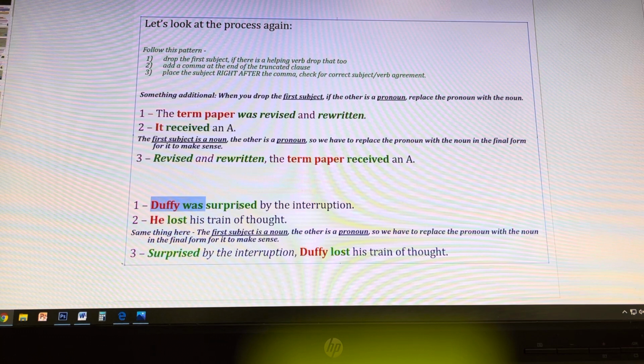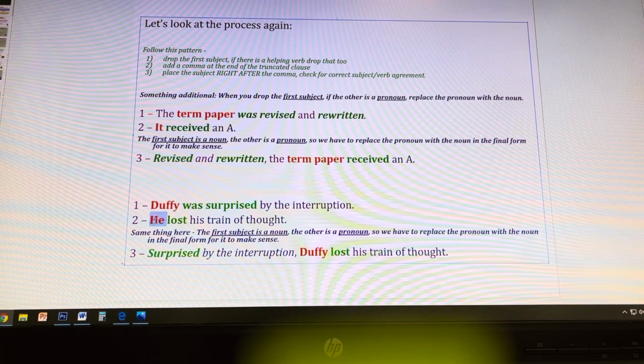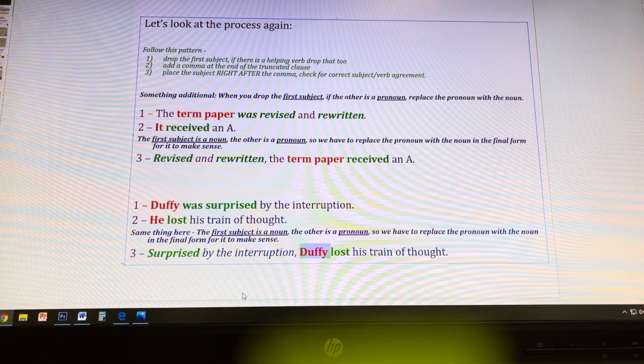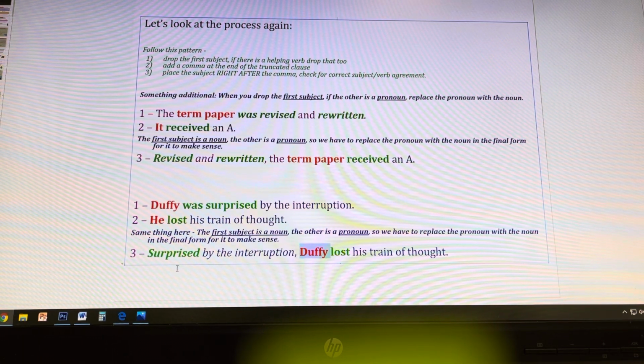We're going to go with surprised by the interruption, comma. Then we're going to put Duffy down here instead of the pronoun he. Duffy lost his train of thought. It would be perfectly acceptable with the pronoun he instead of Duffy, but since we lost Duffy out of the first one, let's throw Duffy into the second part.